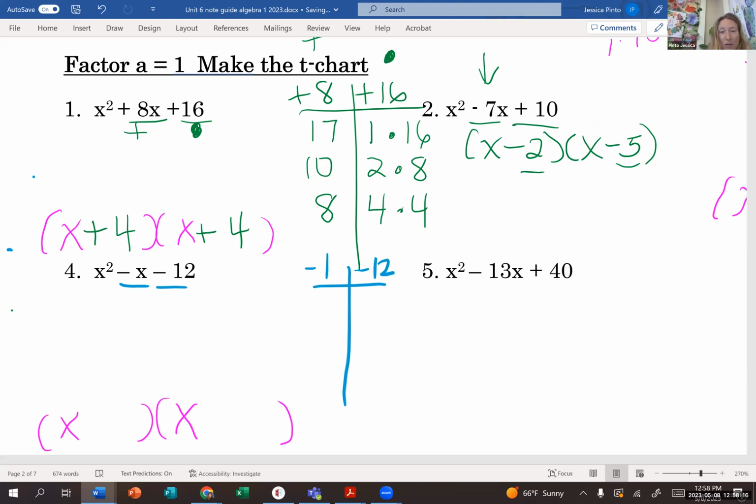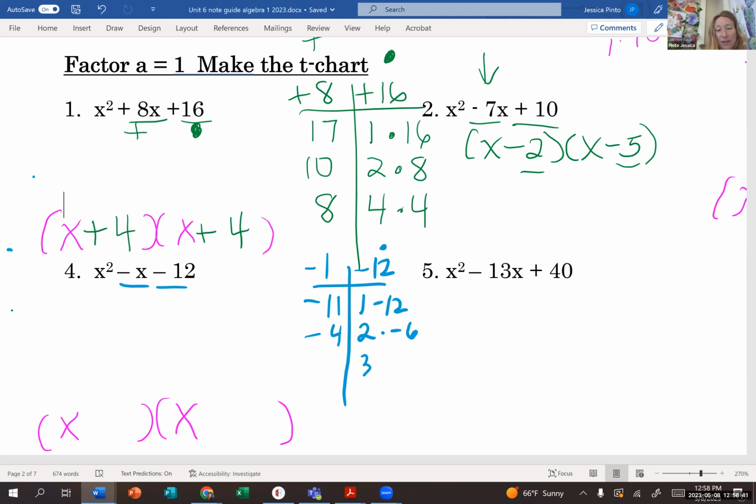So I've set this up. I multiplied a negative 12. That's going to be 1 minus 12. And 1 minus 12 is negative 11, which is not the right answer, but it did eliminate a wrong answer. Next would be 2 times negative 6. 2 minus 6 is negative 4. Again, not the right answer.